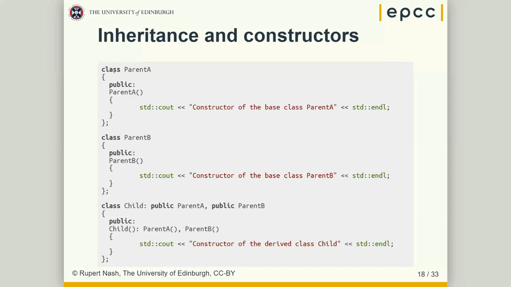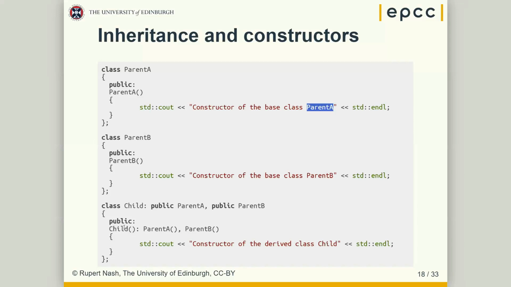Now if we explicitly write a constructor, I'm going to add something stupid at the end, just to make the compiler not run over what we're doing and come up with its own ideas. I have an explicit statement here for parent A and for parent B. They've got exactly the same thing apart from their name is explicit inside the print statement.